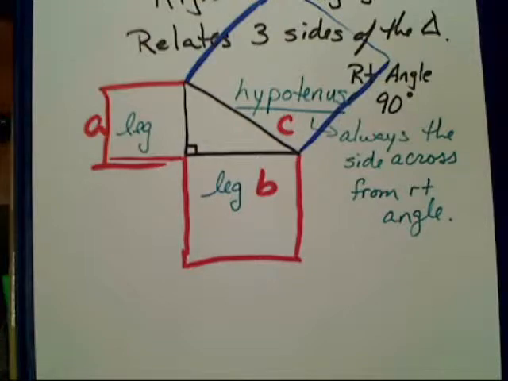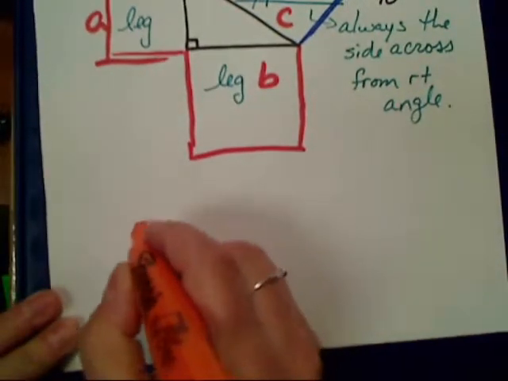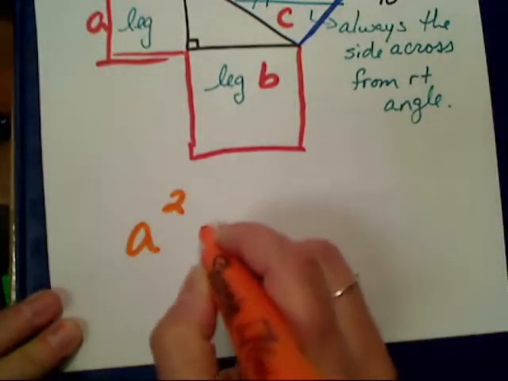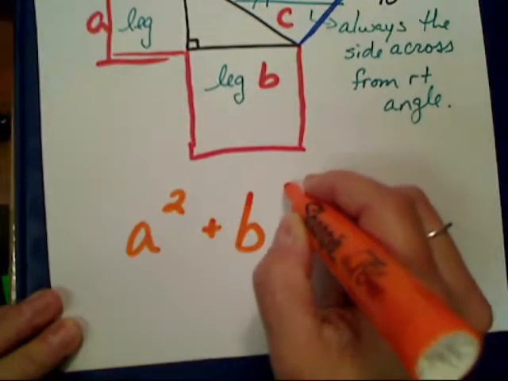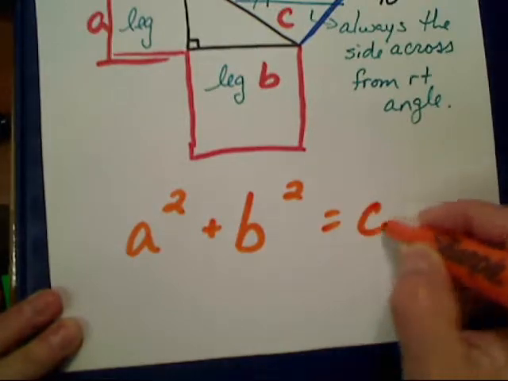So simply put, without all that scary picture stuff, we simply say A squared plus B squared will equal C squared.